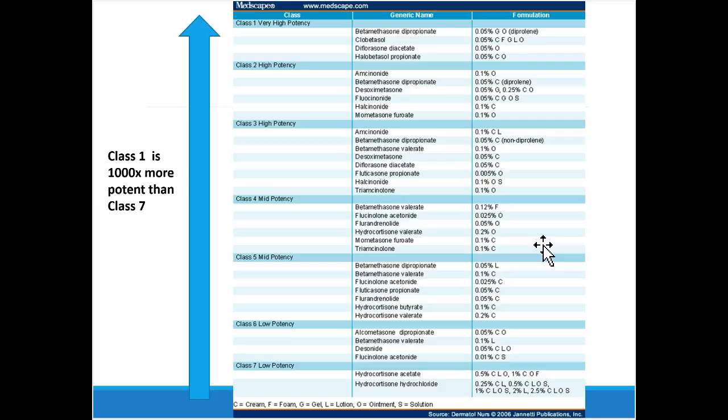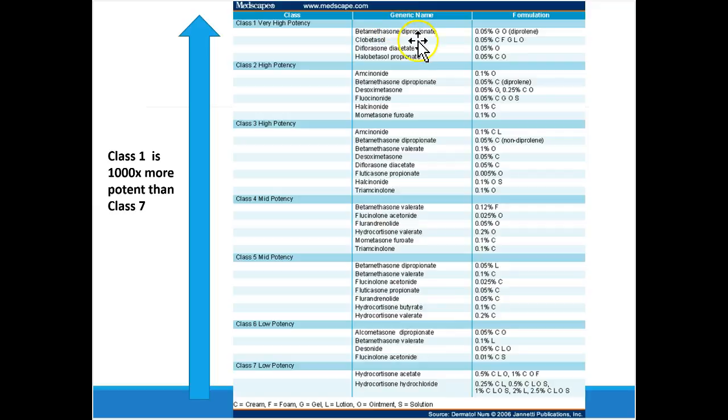But do remember that that's not an absolute rule. So while I'm not going to test you on all of these because it'd be ridiculous to try to do that, I do want you to keep in the back of your head that you can have a product like, look at this betamethasone valerate lotion, 0.1% lotion, is class 6 low potency, and then you go all the way up to betamethasone. So betamethasone is very formulation dependent, and also depends on the salt formula too.